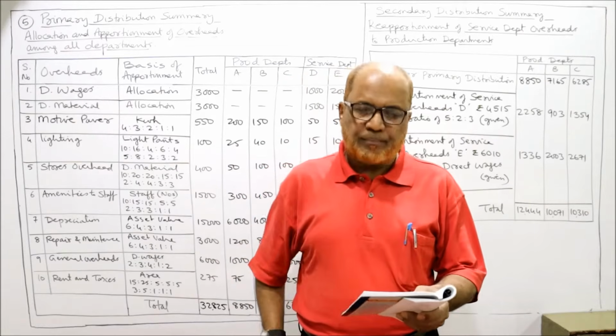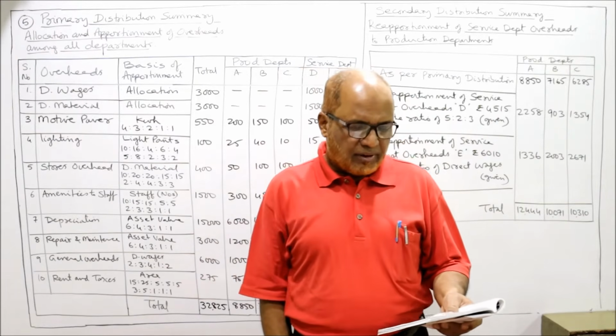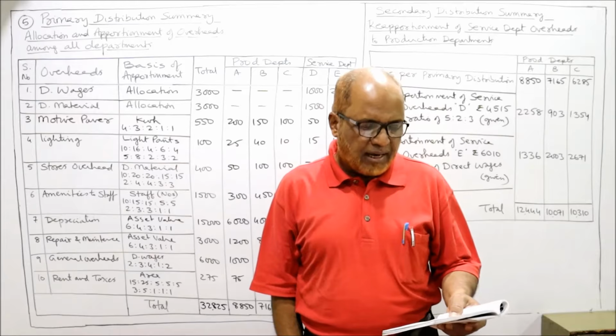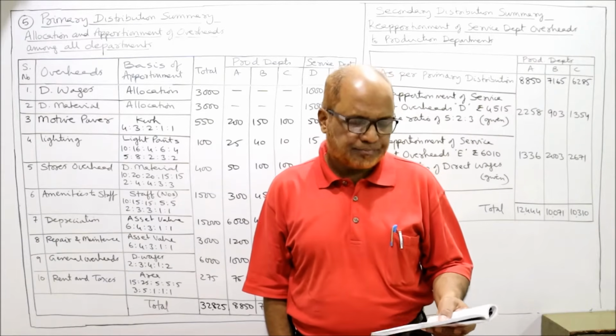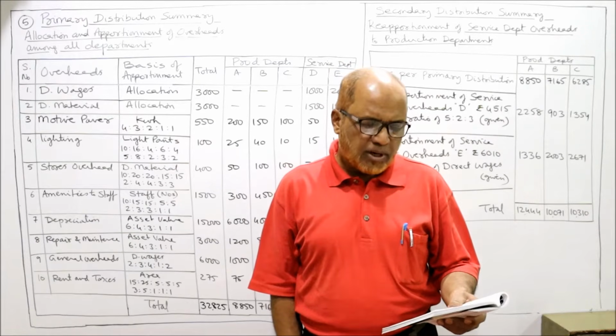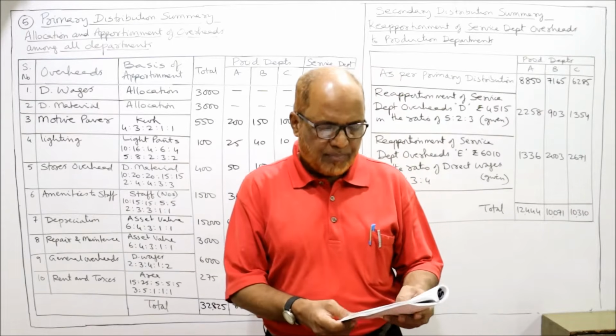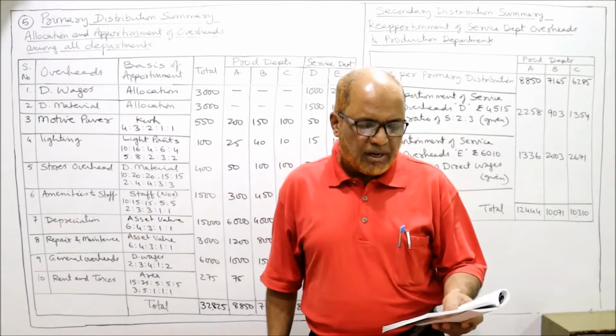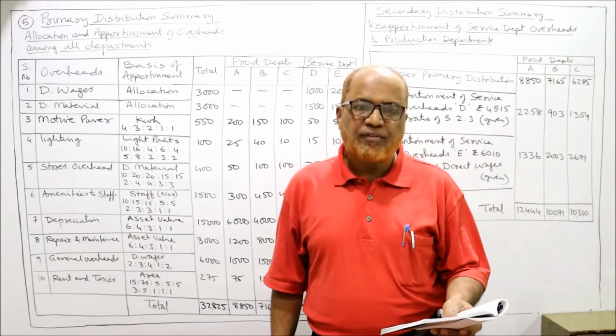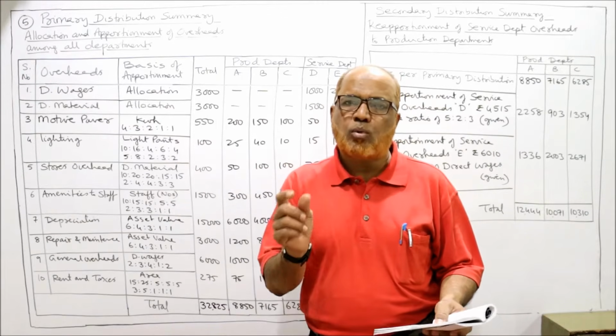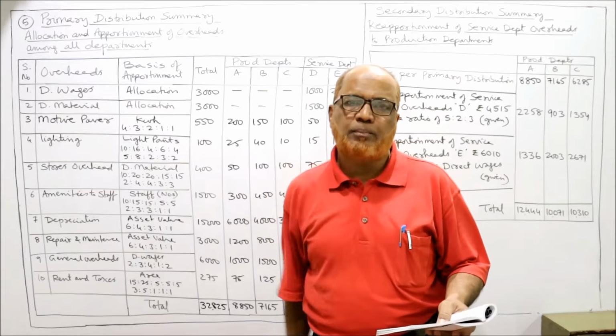Then staff, number of employees, 100, 150, 150, 50, 50. Electricity kilowatt hours is given. Light points are given, asset values are given, area is given. This is the information given. Now the expenses of the period were motive power 550 rupees. Now this motive power we have to distribute among all the departments.